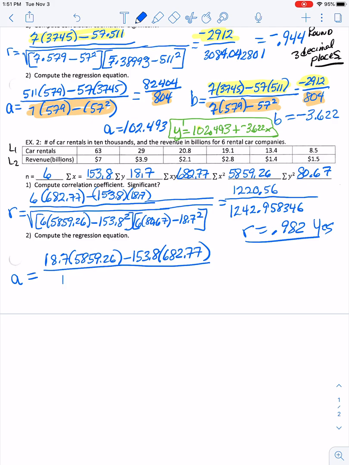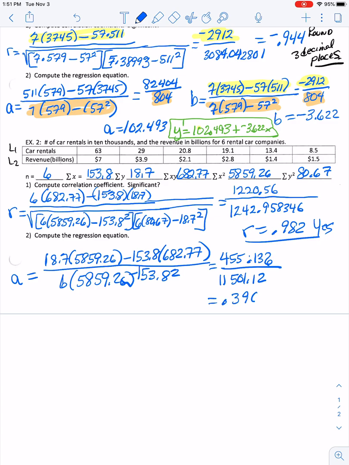So then we have a 6 times 5859.26 minus 153.8 squared. Okay, this is awesome. So we get 4,558.136 all over 11,501.12. And if you divide that, 0.396. That's A's value.